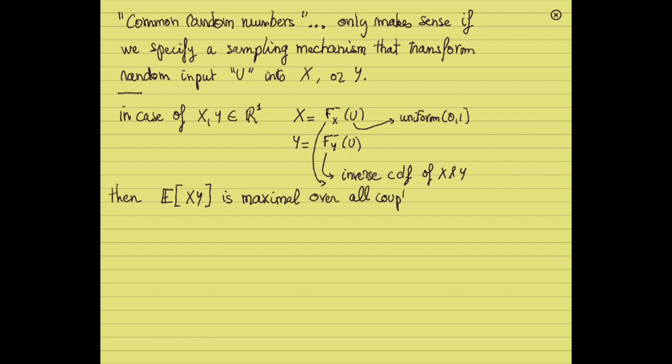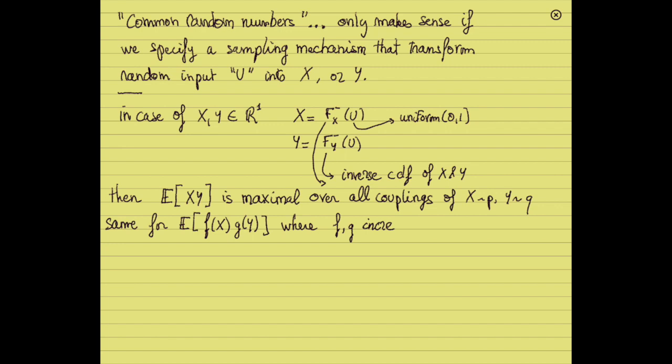So over all possible ways of coupling the variables x and y under the marginal constraints that x follows p and y follows q, common random numbers fed to the inverse CDF is in fact the way that maximizes this correlation. And in fact, it maximizes the expected product of f of x, g of y for any pair of increasing functions f and g. So not only the product of x and y themselves.